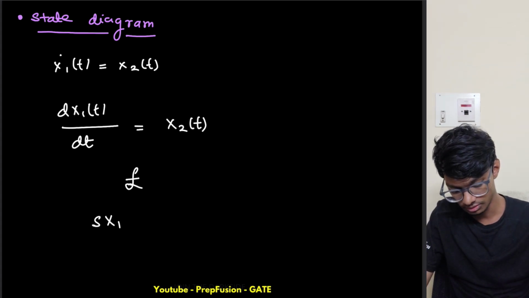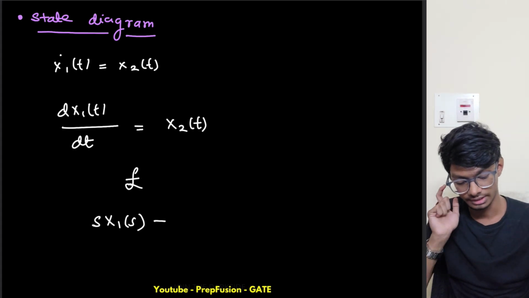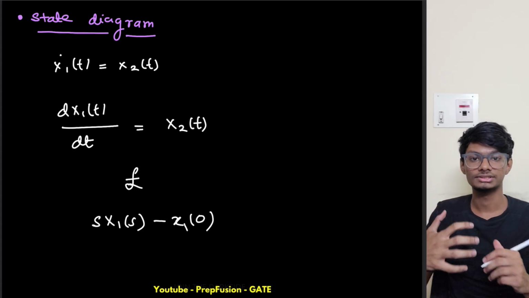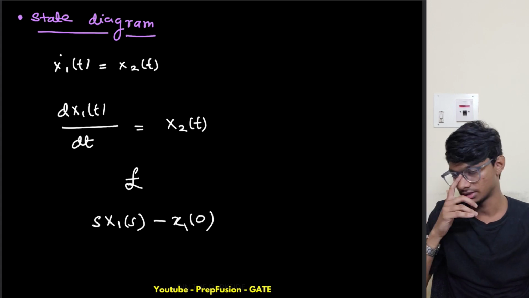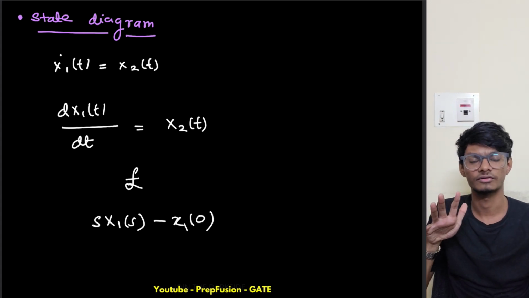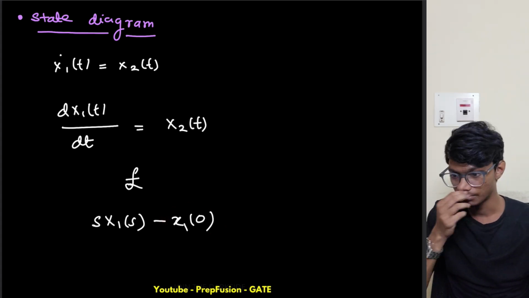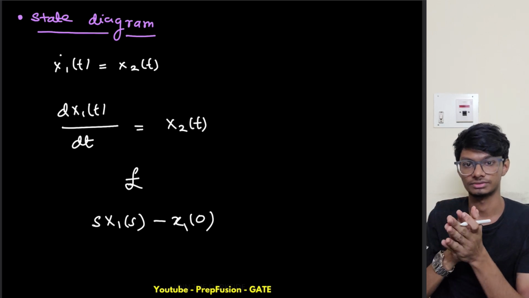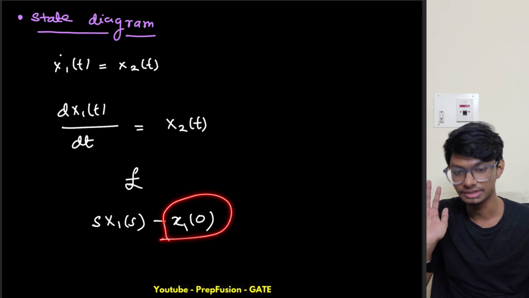I get s times X1(s). And do I get anything else? Yes, I get x1(0). When I taught you in the first basics of control systems, I may not have written this x(0) term for differentiation. Why? Because there we were calculating the transfer function, and for calculating the transfer function we make the initial condition 0.